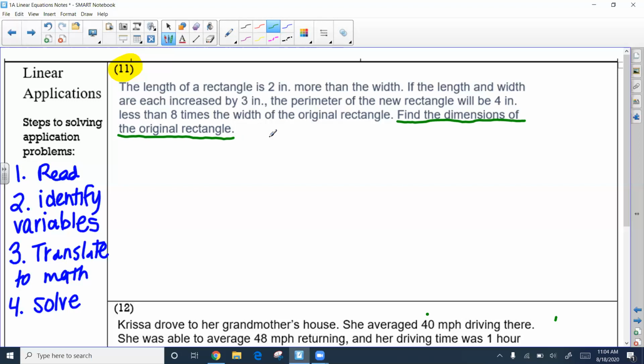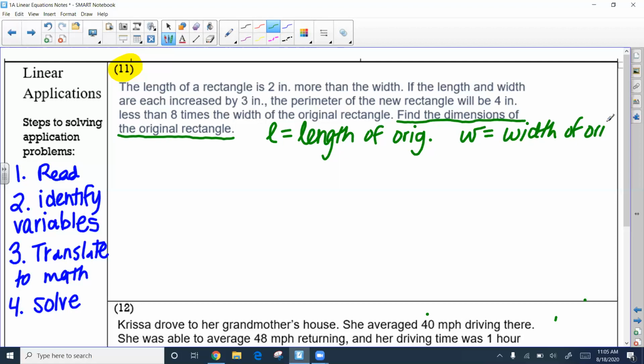I'm just going to use L and W. I'm going to use L for length of the original, because it's the dimensions of the original rectangle. And I'm going to use W to stand for the width of the original.